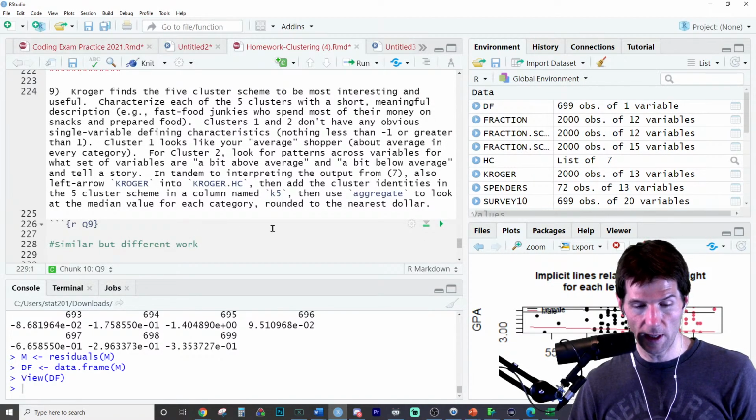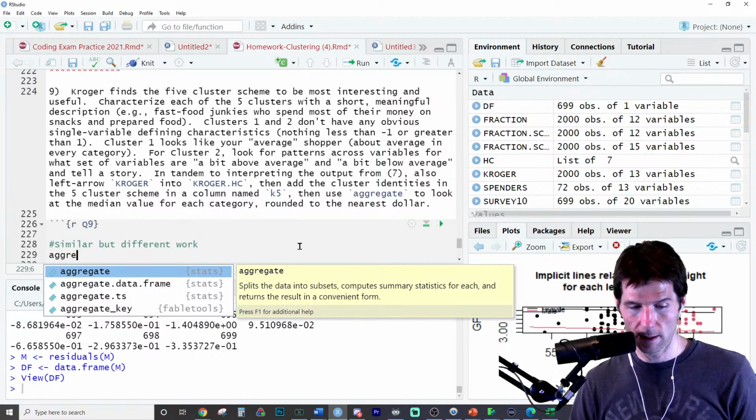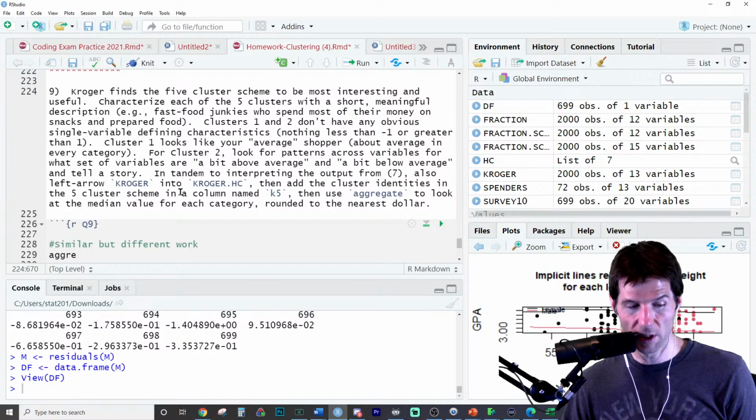We want to go here to the aggregate function. Look for patterns, a bit above average, a bit below, tell a story, in tandem with interpreting the output on 7. Left arrow into Kroger into Hierarchy cluster, and then add the cluster identities in the 5 clusters. Then use the aggregate to look at the median value for each category, rounded to the nearest dollar.